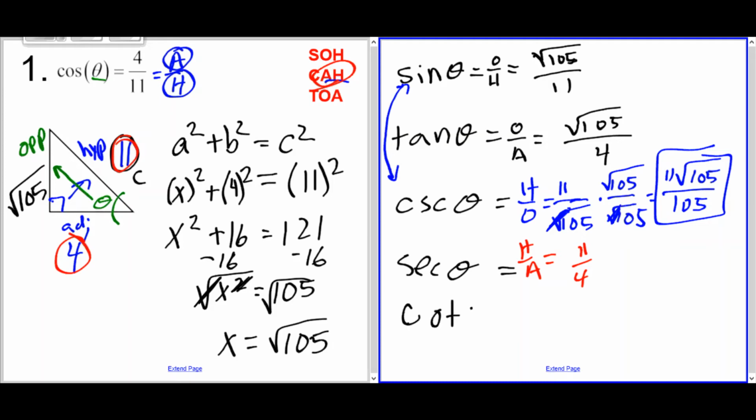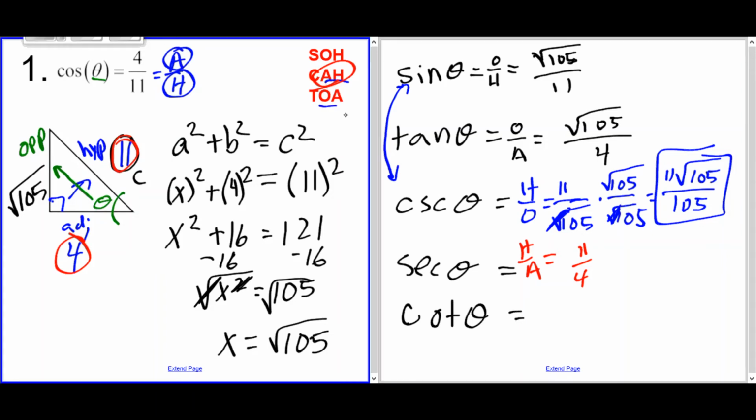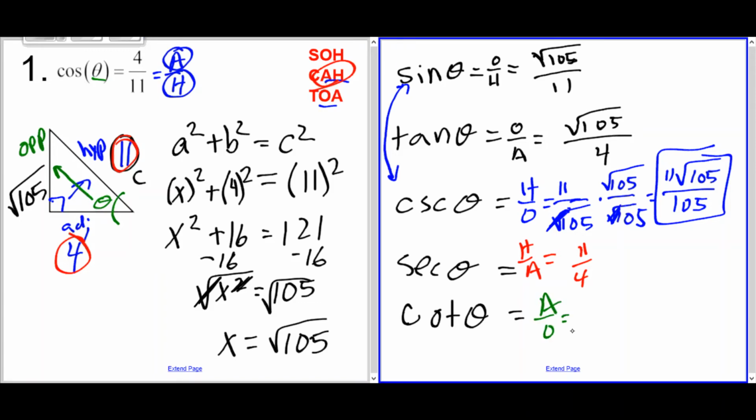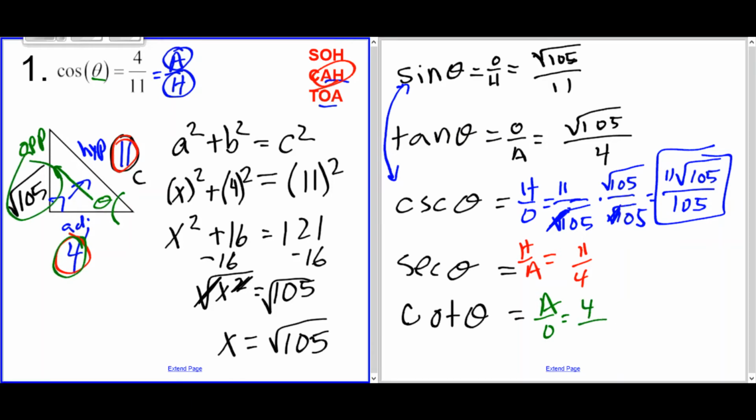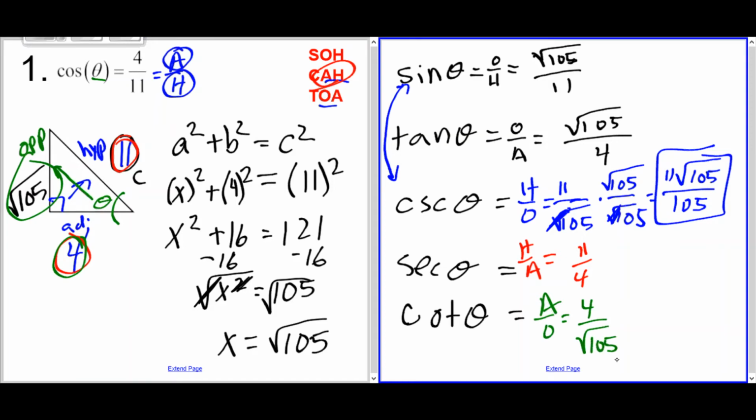So cotangent of theta equals, and cotangent is the reciprocal of tangent, so this would be adjacent over opposite. So adjacent is 4, and opposite is square root of 105. Now, we have a square root in the denominator, so we're just going to multiply by square root of 105 divided by itself to get rid of the square root. So the square roots down there cancel. So I get 4 square root of 105 over 105. So there's my answer for that. So these are the 6 trig functions for example 1.